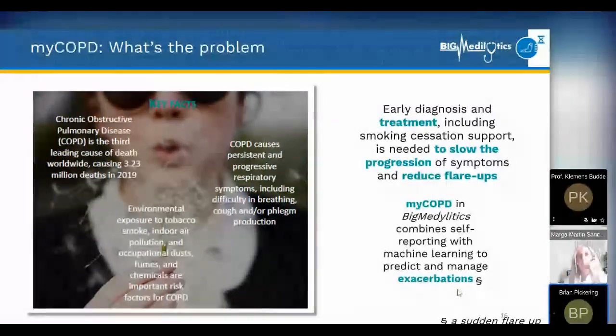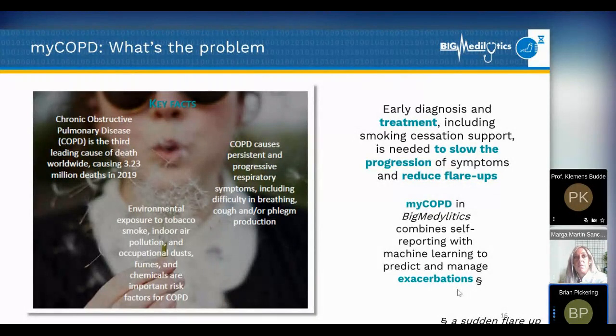COPD itself was reported in 2019 by the World Health Organization as being the third leading cause of death, with a little over 3 million, so about 3.25 million deaths for that year.